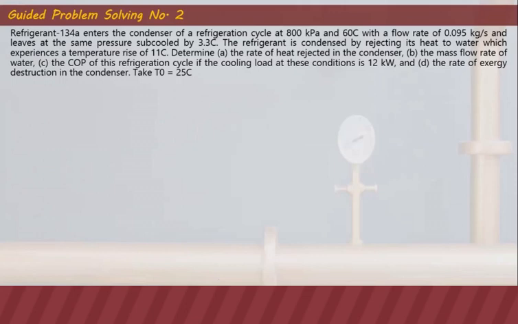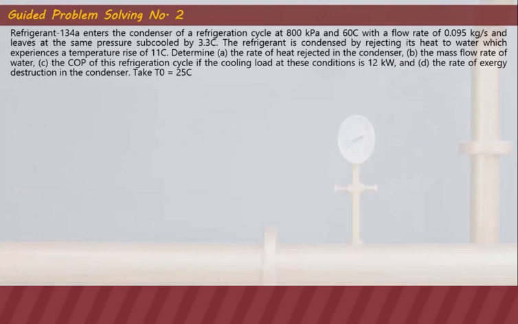Guided problem solving number 2. The refrigerant 134A enters the condenser of a refrigeration cycle at 800 kPa and 60 degrees Celsius with a flow rate of 0.095 kg per second and leaves at the same pressure, subcooled by 3.3 degrees Celsius. The refrigerant is condensed by rejecting its heat to water, which experiences a temperature rise of 11 degrees Celsius.